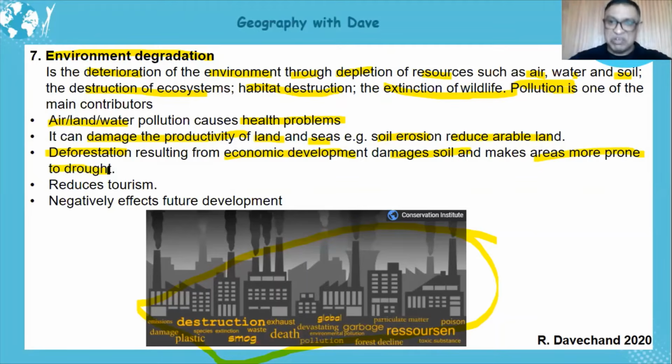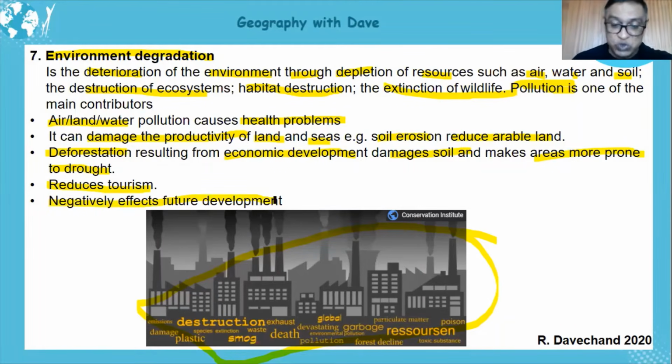There's less evapotranspiration, etc. So more droughts, not good for agriculture, etc. It reduces tourism, wildlife, and things like that. Natural vegetation, tourists come. In a country like South Africa, our eco-tourism dealing with our environment is great. So less development. Okay, so it negatively affects future development.